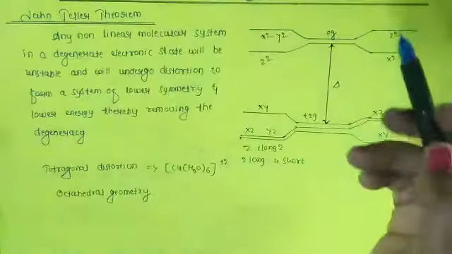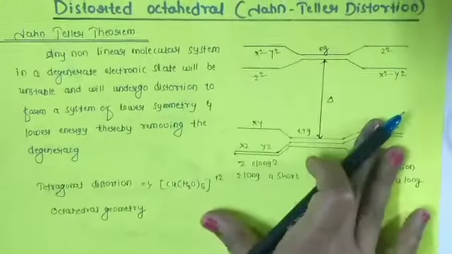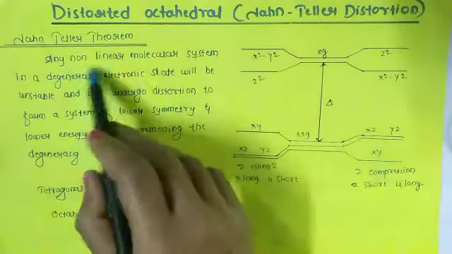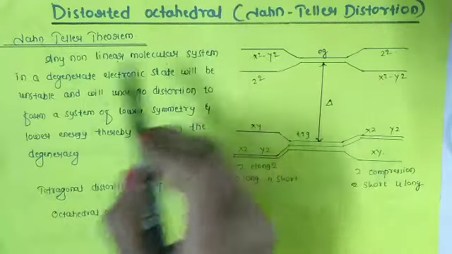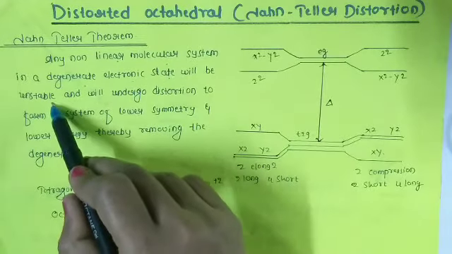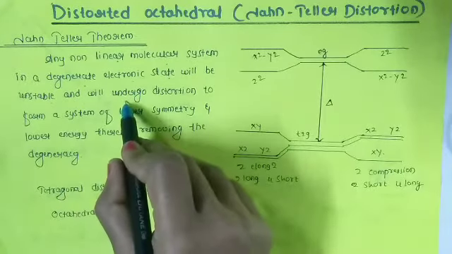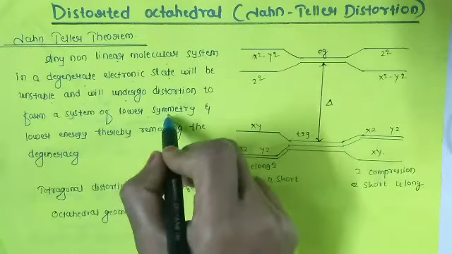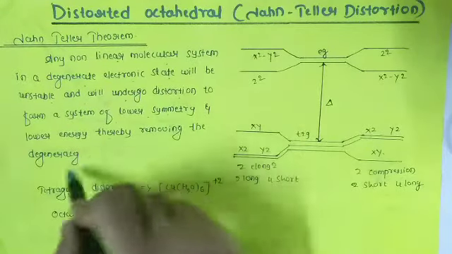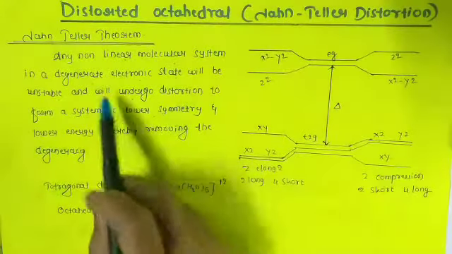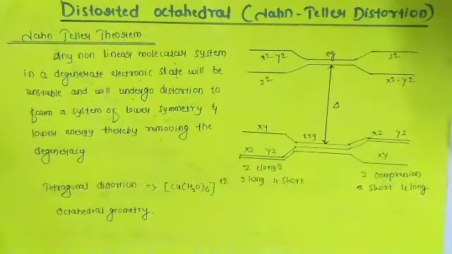The Jahn-Teller distortion theorem states that any non-linear molecule system in a degenerate electronic state will be unstable and will undergo distortion to form a system of lower symmetry and lower energy, thereby removing the degeneracy. It is known as the Jahn-Teller distortion theorem.